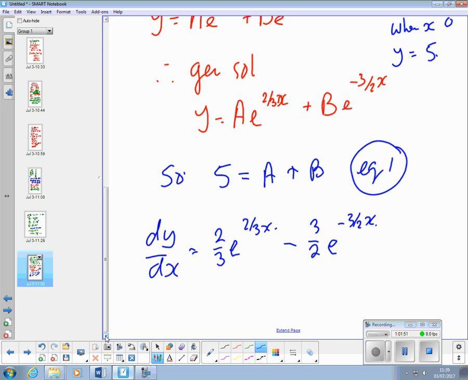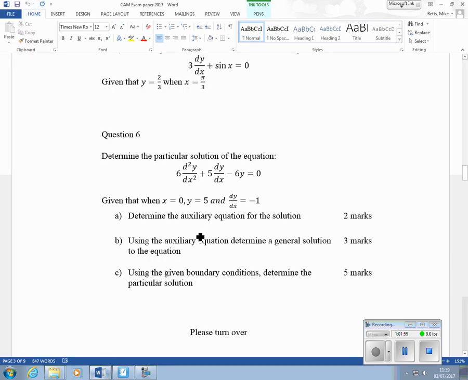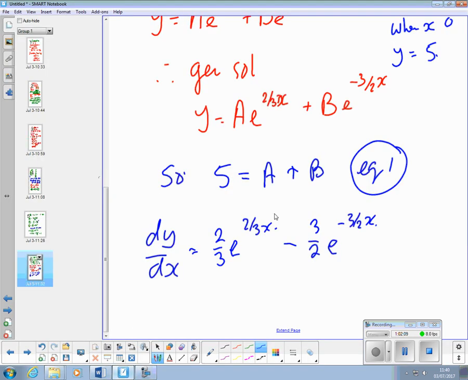And in the question, you're also told when x is 0, y is equal to 5, and dy by dx is equal to minus 1. So when x is 0, the differential is minus 1.